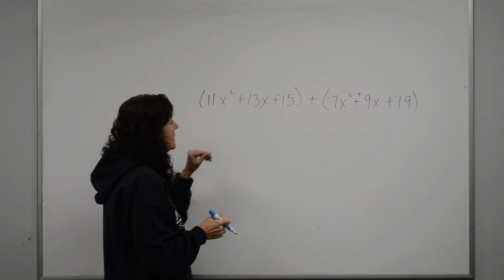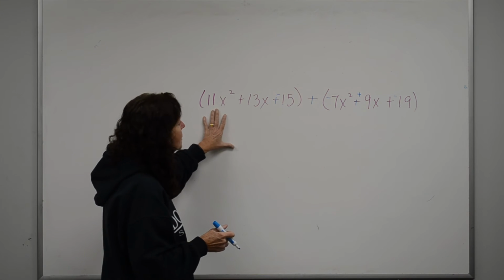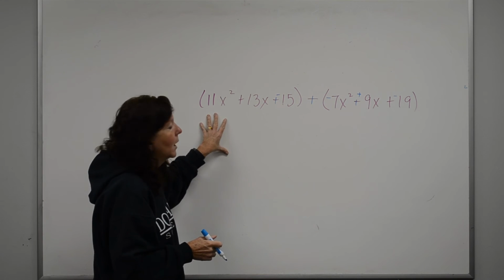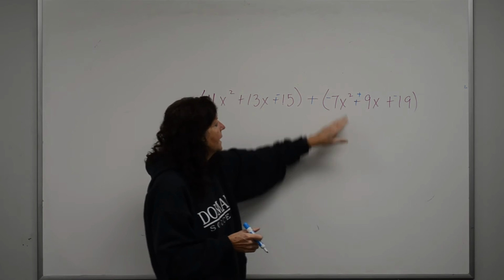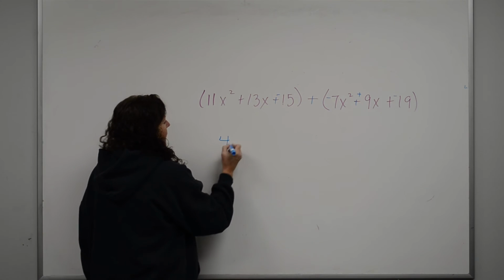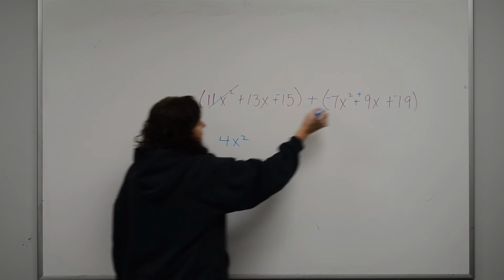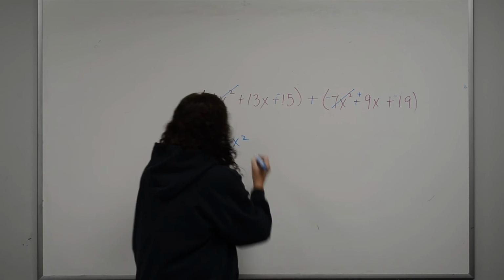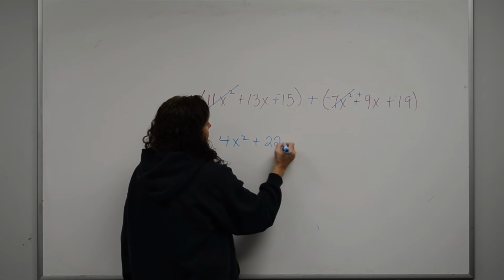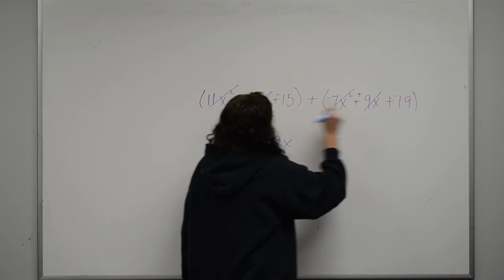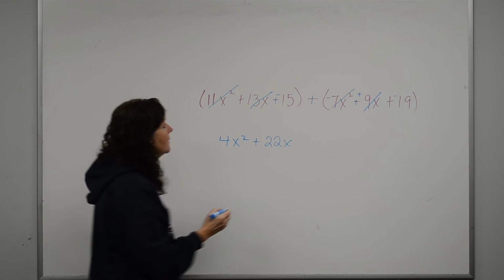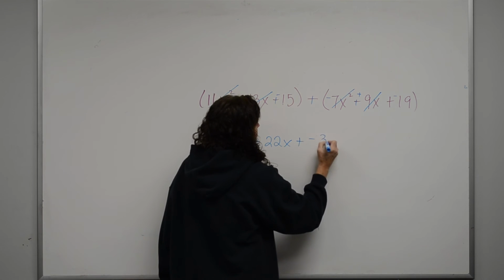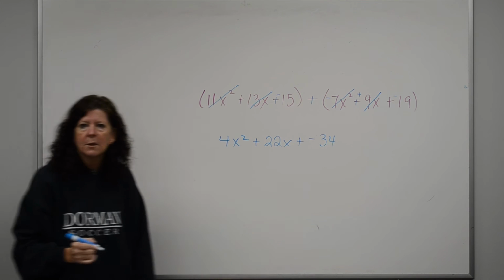Maybe this is not an issue that you have, but you do it however's best for you to get it right. So I have 11x squared and a negative 7x squared, which is a positive 4x squared. Then I have a 13x and a 9x, which is going to give me a 22x. And then I have a negative 15 and a negative 19, which is going to give me a negative 34. So that's what you should have.